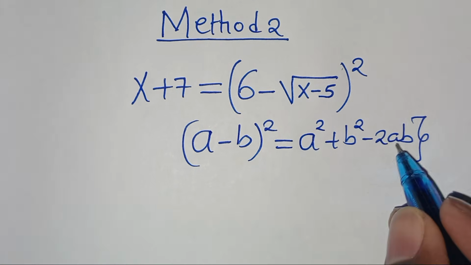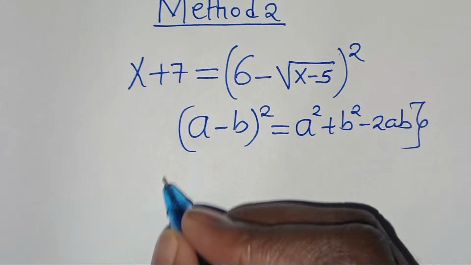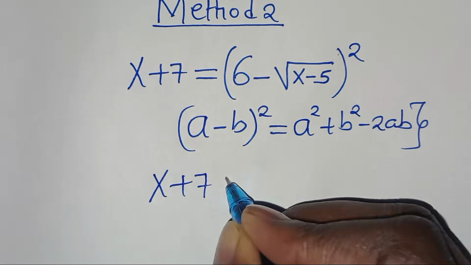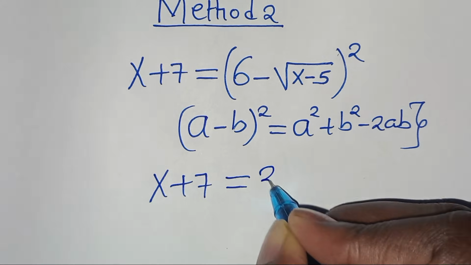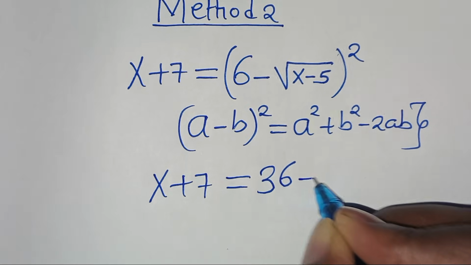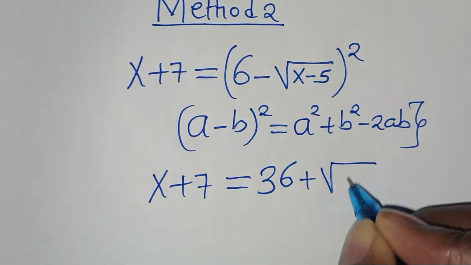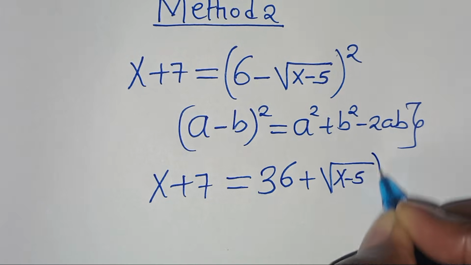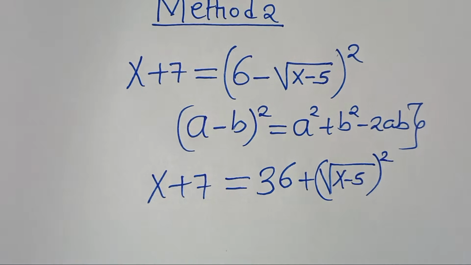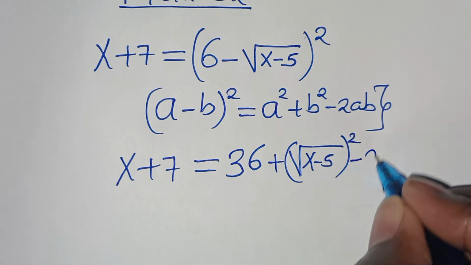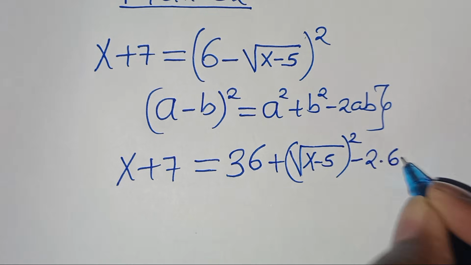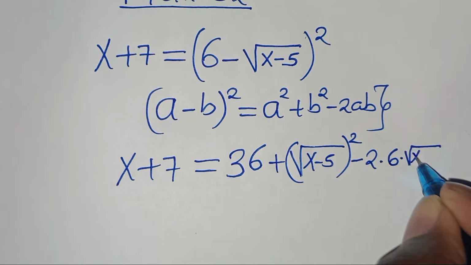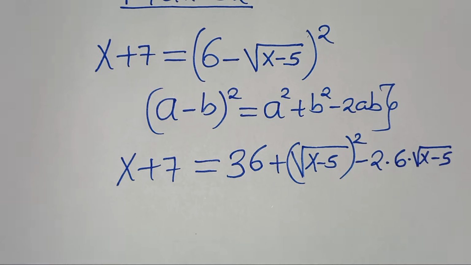Applying this algebraic identity, we have x plus 7 equal to 6 squared, which is 36, plus the square root of x minus 5 raised to the power of 2, then subtract 2 times 6 multiplied by the square root of x minus 5.